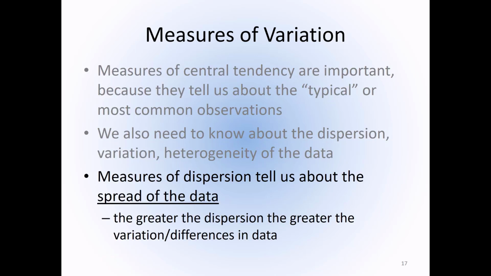And the dispersion or the variability in and of itself is going to tell us how much the data is spread from the measure of central tendency. Is the data packed closely, in which all the observations are quite similar to each other, or is there lots of variability and lots of differences such that the data is spread over a wide range across the central tendency?